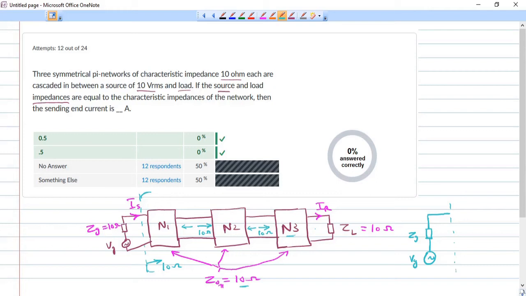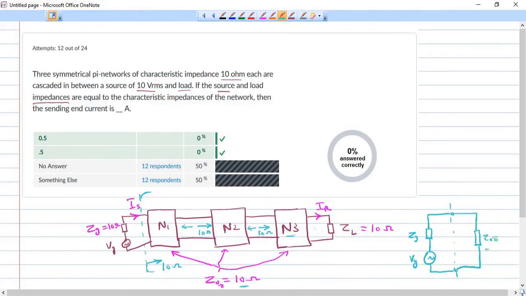From here we have our cascade network, and it will appear as an overall impedance equal to Z0 pi, so that is equal to 10 ohm, and this Zg is also equal to 10 ohm, and it is given that Vg is equal to 10 Vrms. So Zg is equal to 10 ohm.